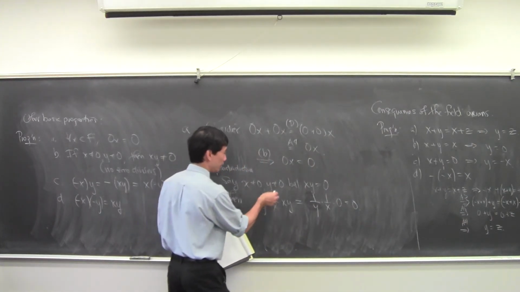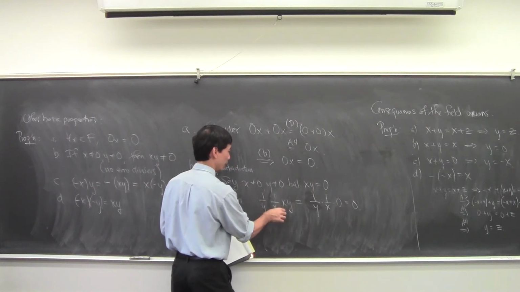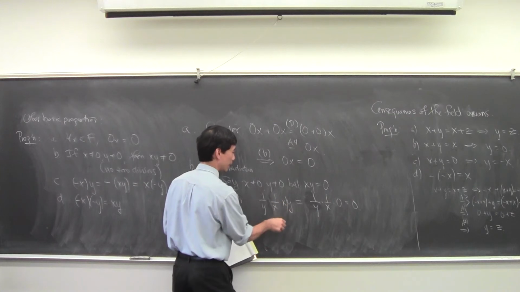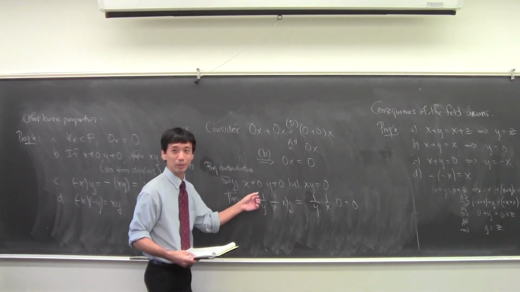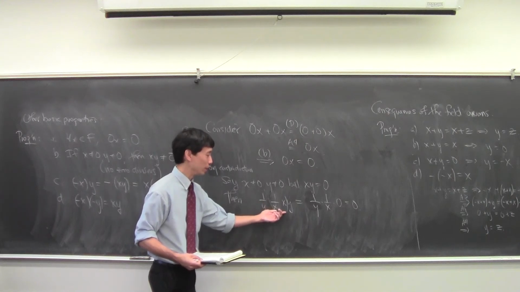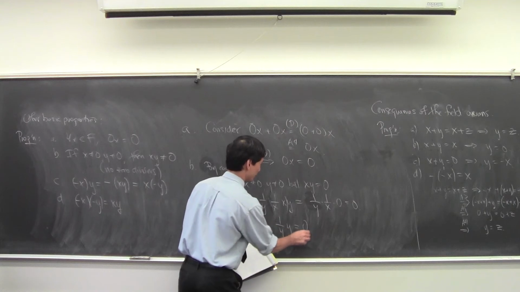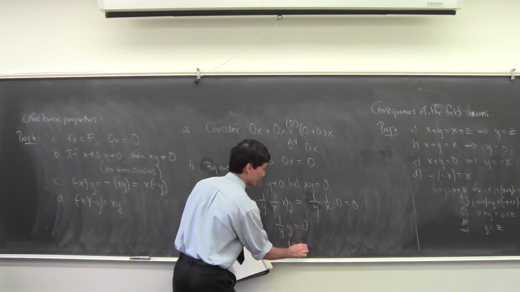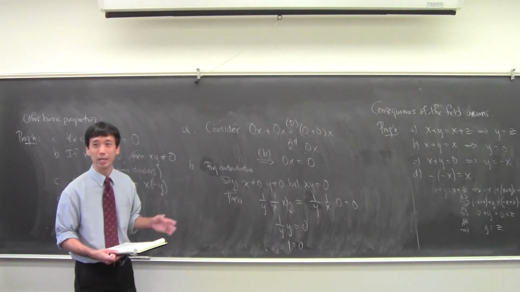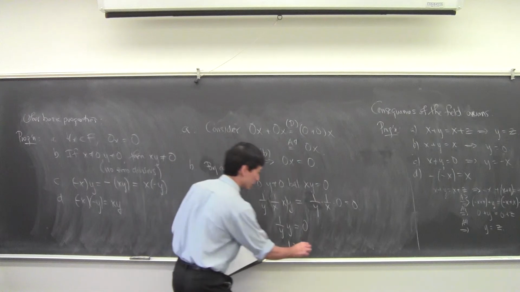Then, associating properly, we would get 1 here, and then use the multiplicative identity. That tells us that 1 would be equal to 0. But that's not good because we said 1 can't be equal to 0. So that would be a contradiction.